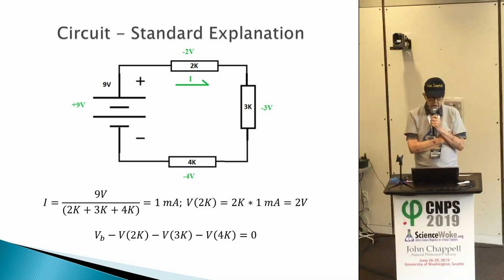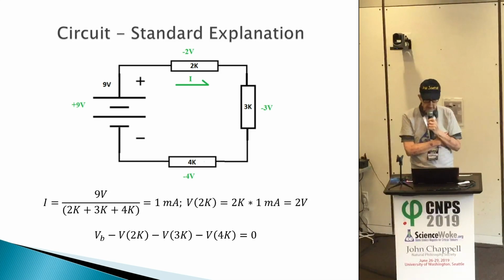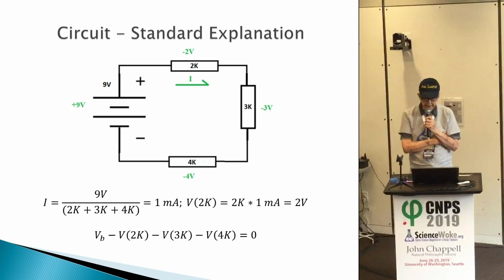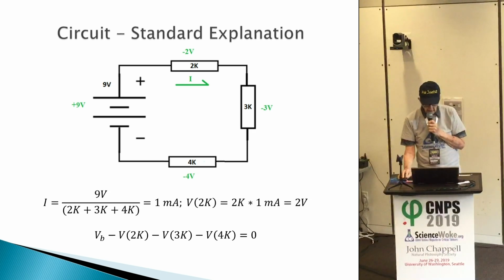This is the circuit I'll be talking about for the rest of the afternoon: a 9-volt battery driving a 2K, 3K, and 4K resistor. With 9 volts and a total of 9K, you get 1 milliamp of current, which is shown here on the equation down here.